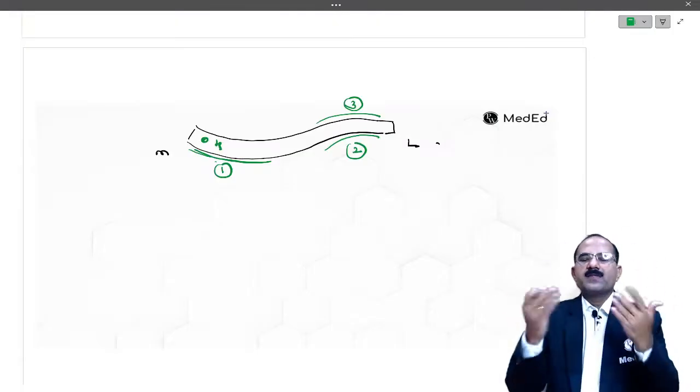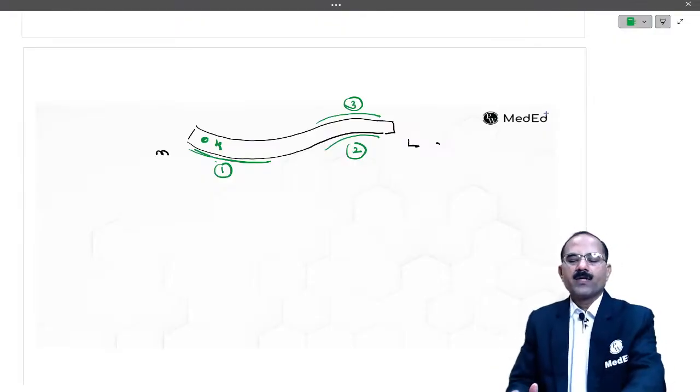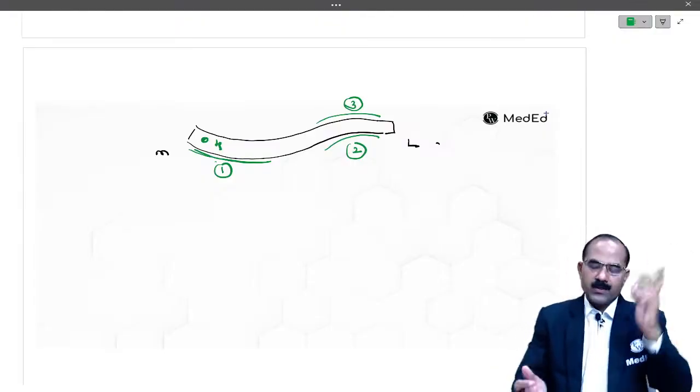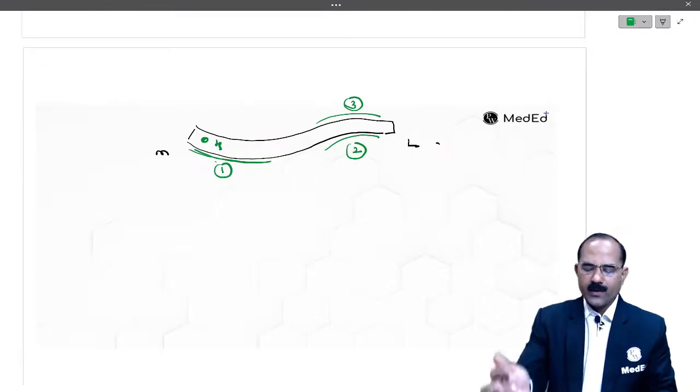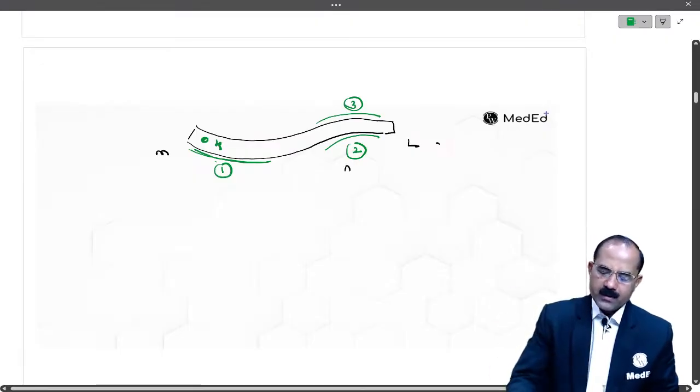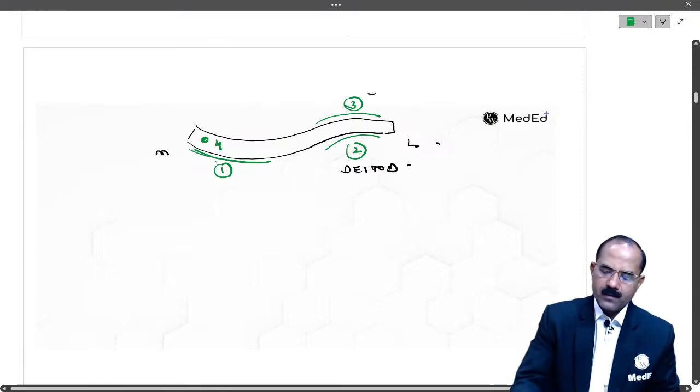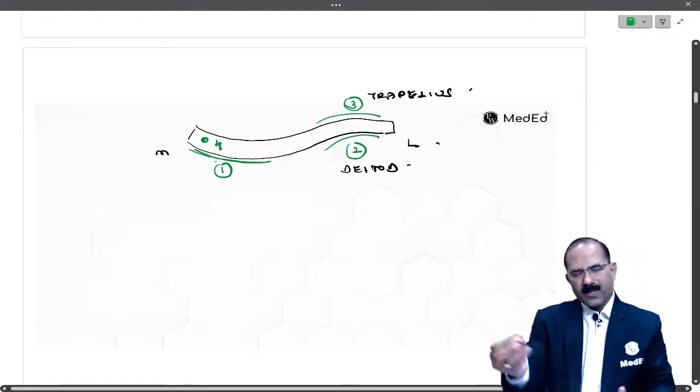Then what are the muscles attached to this bone? Clavicle. What are the characteristics of clavicle that you have to write? One is not sternocleidomastoid. Who is one? Two is deltoid. What is three? You should be able to understand the bones now without looking at them.